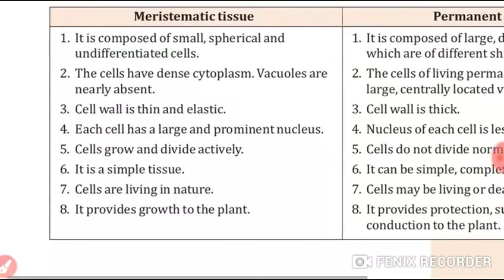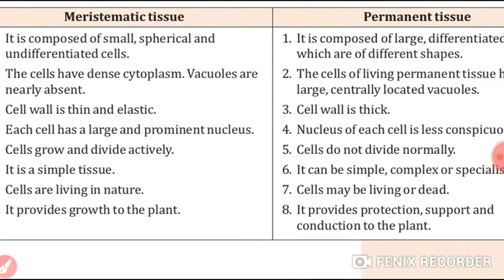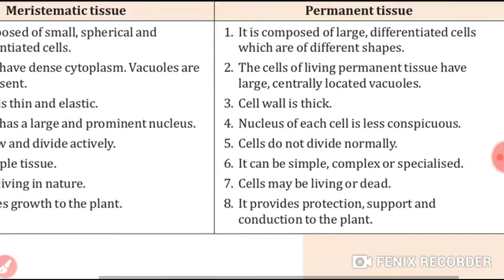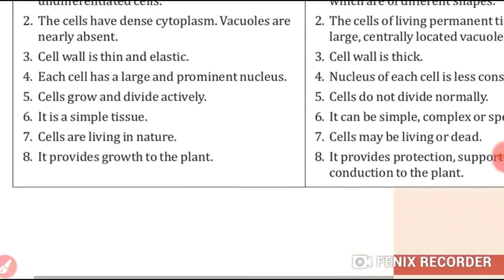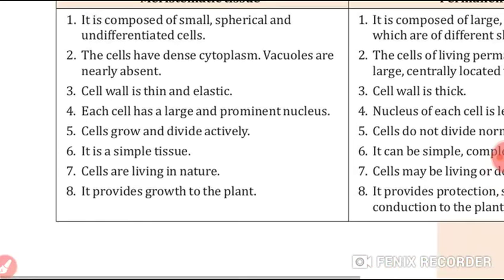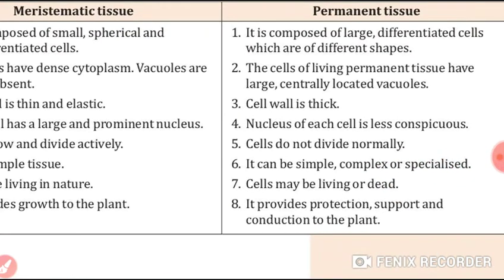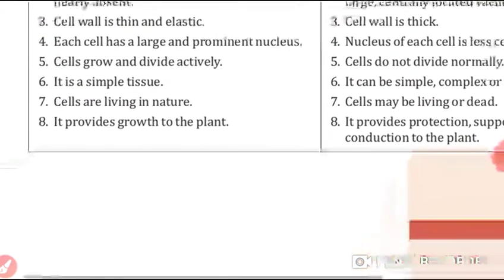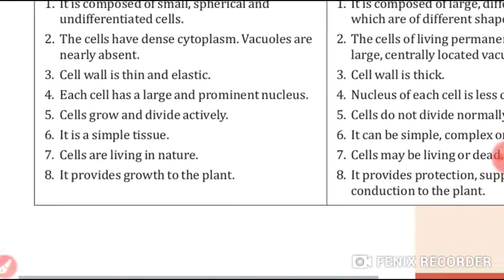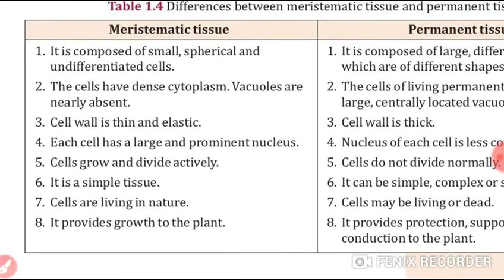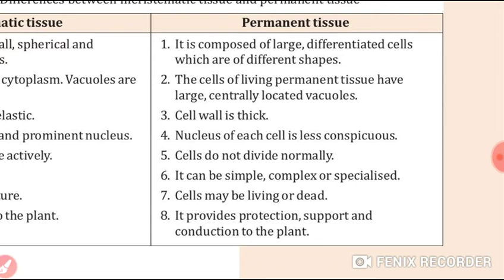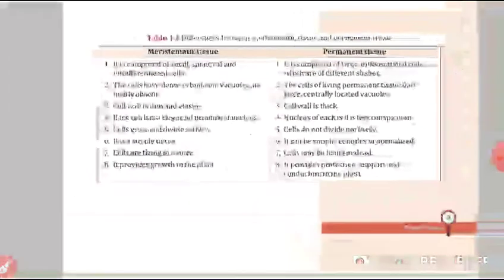Meristematic tissue is a simple tissue, while permanent tissue can be simple, complex, and specialized. Seventh point, meristematic tissues have cells that are living in nature, while permanent tissues have cells that may be living or dead. Meristematic tissues provide growth to the plant, while permanent tissues provide protection, support, and conduction to the plant.